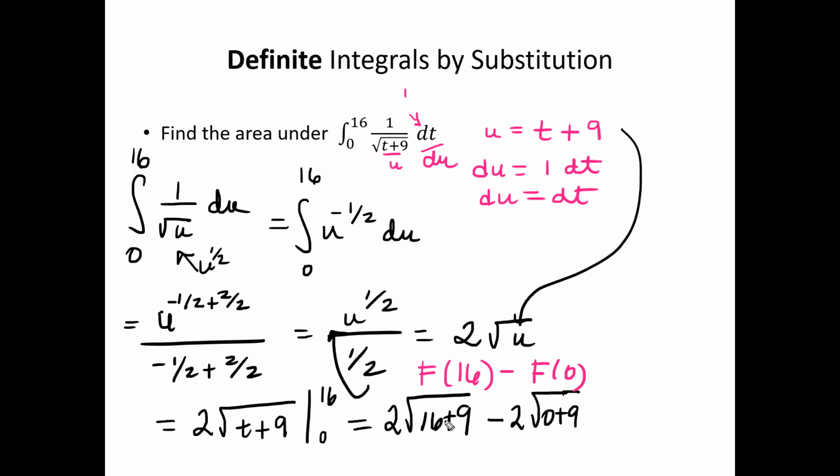And I think 16 plus 9 would be 25. The square root of 25 would be 5. Square root of 9 would be 3. So 10 minus 6 would be your final answer.